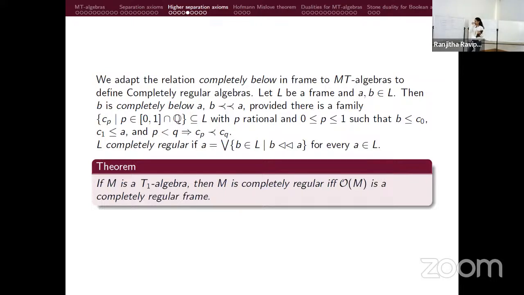So it immediately follows that if I have a completely regular modal algebra, the opens of that algebra form a completely regular frame. This is because if I have C and D in opens, and if C is related to D, there exists a collection of sets in the algebra such that C is below A0, A1, and for P less than Q, AP is related to AQ.